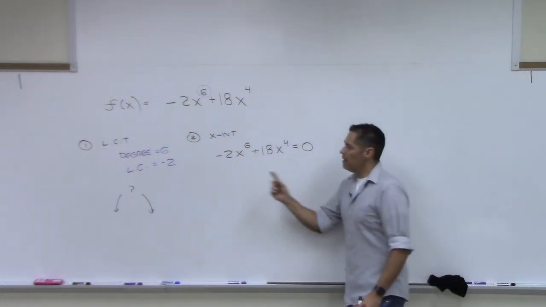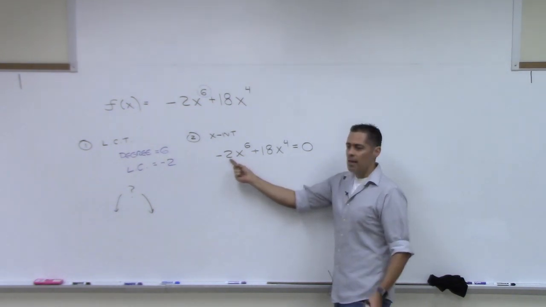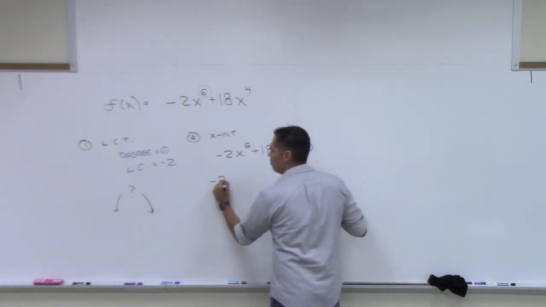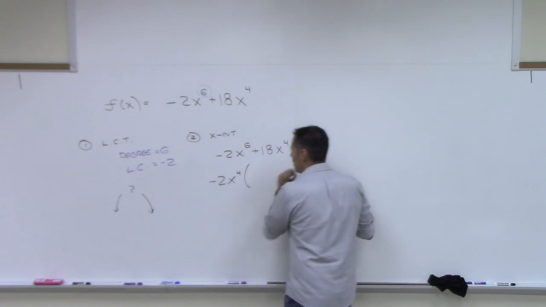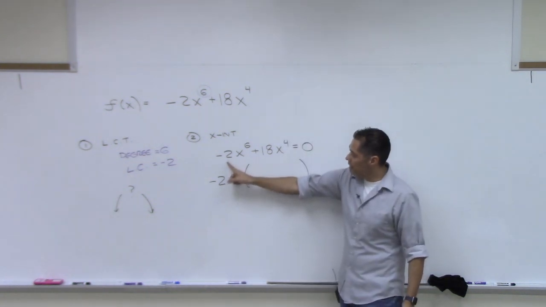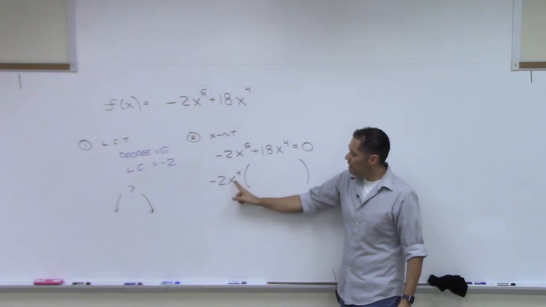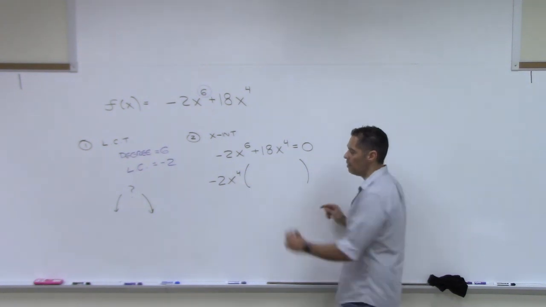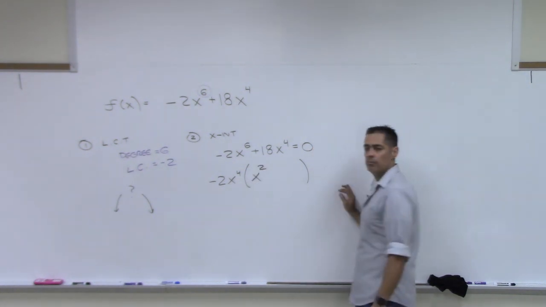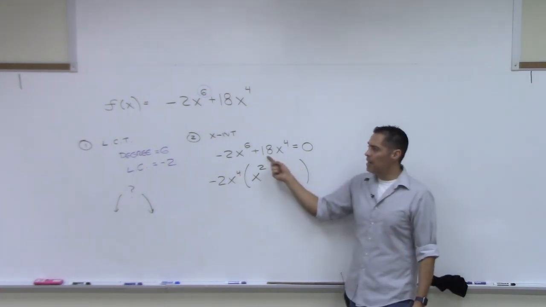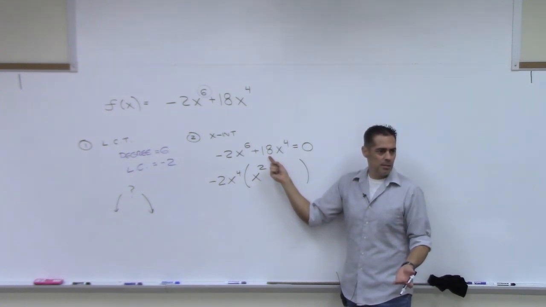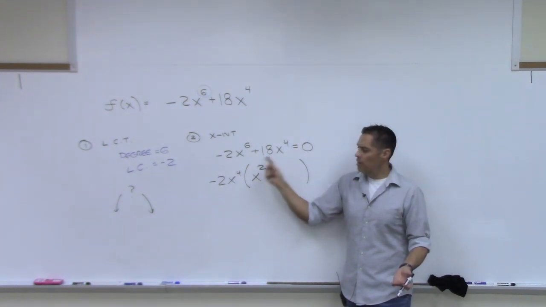In class, I recommended that if you have a negative on the first one, you pull the negative out as well with the 2. So I'm going to pull out a negative 2 and an x to the fourth. That is what they both have in common. So I pulled a negative 2 out of this, and I pulled 4 of these x's out. So what am I left with here if I pull this out of here? X to what power? X squared. And then if I pull negative 2 from here, what do I have to multiply negative 2 by to get positive 18?